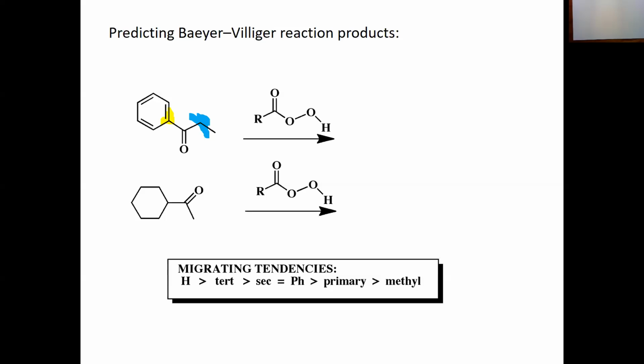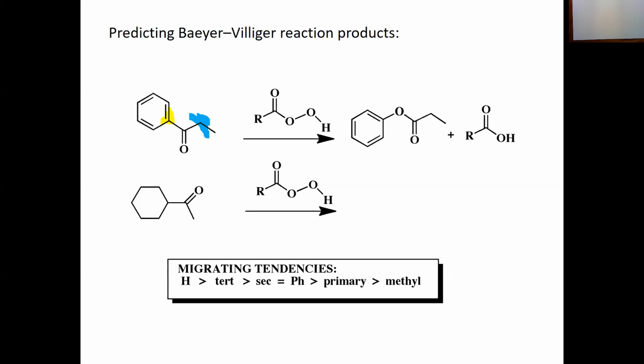It's not primary right now, but imagine if it were migrating, it would be migrating as a primary carbon. You're not counting the carbonyl that it's connected to. You're just counting the number of carbons other than the carbonyl that it's connected to. So phenyl migrates faster than primary. So that leads us to that product.